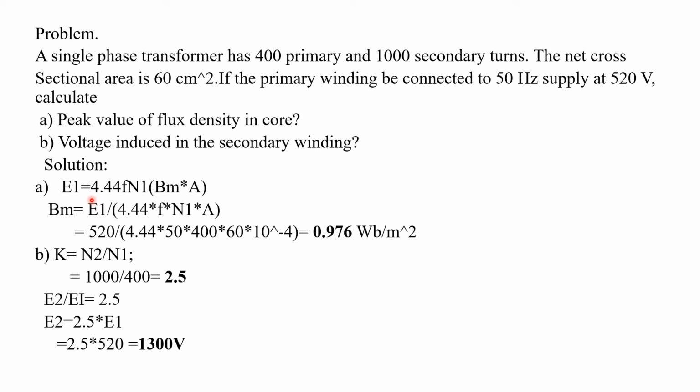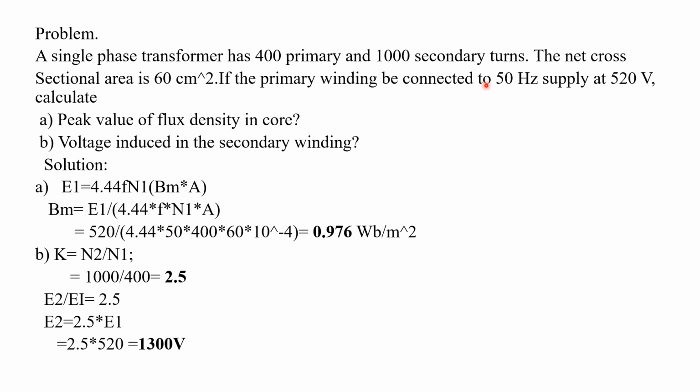First we can calculate flux density in the core. For that we can first write the EMF equation of the transformer, that is E1 is equal to 4.44 F N1 into phi m. Here phi m is Bm into A, so that we need to find the flux density Bm. So Bm is equal to E1 divided by 4.44 F N1 into A. So the whole data are given in this problem, so that E1 is 520 divided by 4.44.